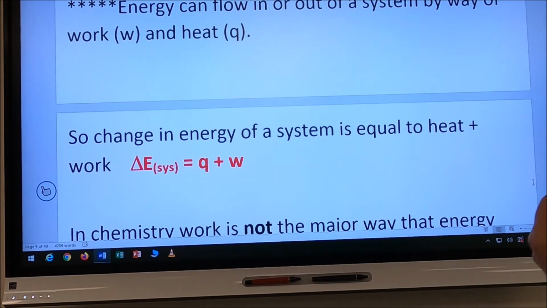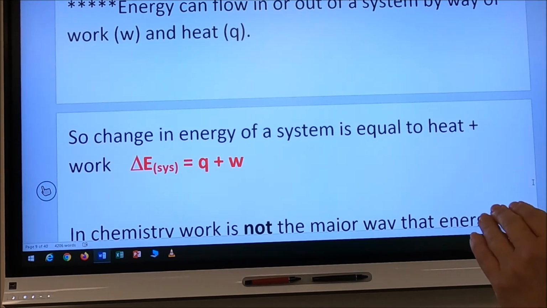When you move on to combustion engines in physics, or you're playing with dynamite, work would be a major way that energy would be leaving your system. I am not going to let you blow up dynamite in the lab. So we're going to very rarely see any work done, and if we do, it'll be by accident.